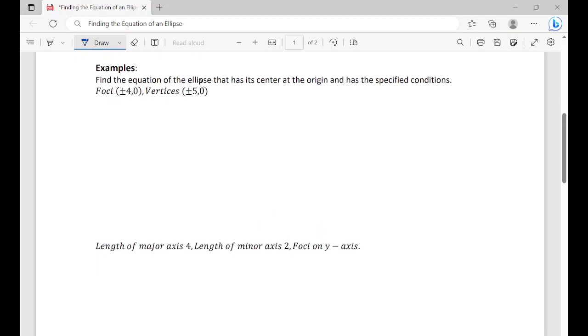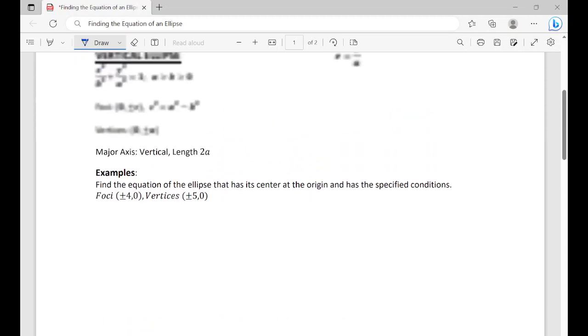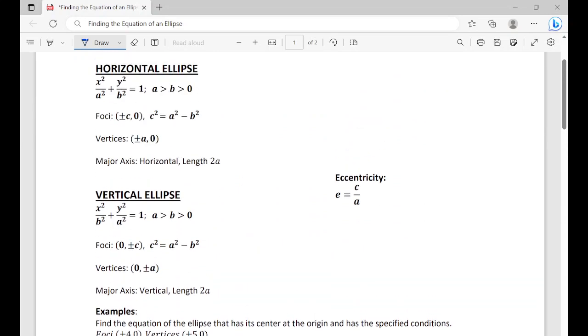Find the equation of an ellipse that has its center at the origin, which they all will be, and has the specified conditions. The foci is at plus minus 4, 0, with vertices at plus minus 5, 0. So since the foci is in the form of plus minus a number in front and vertices plus minus a number in front, this is going to be similar to the horizontal ellipse.